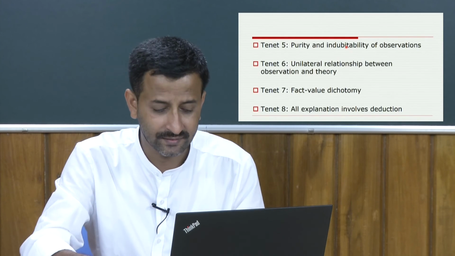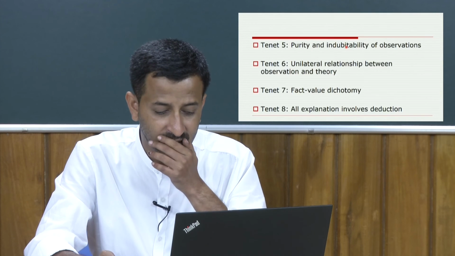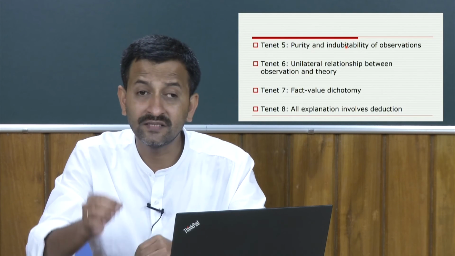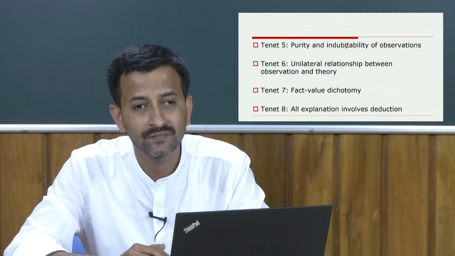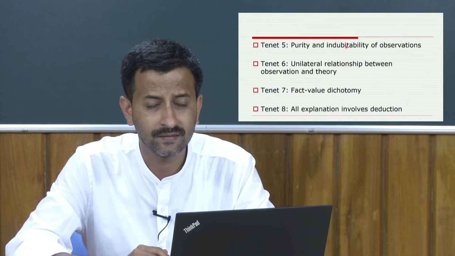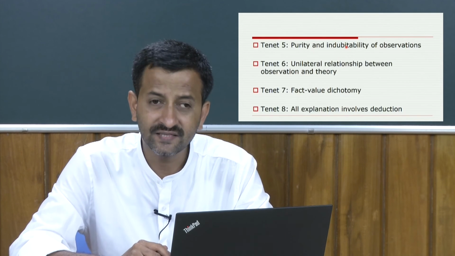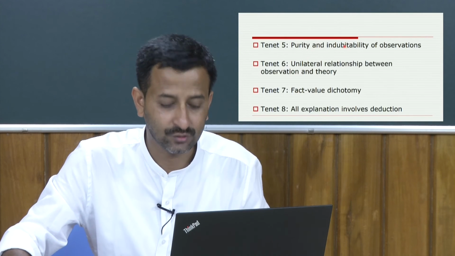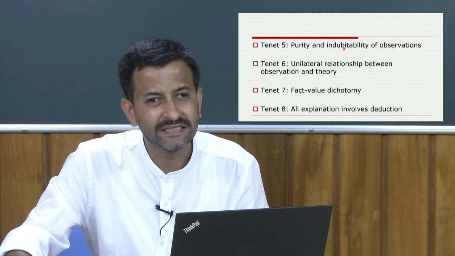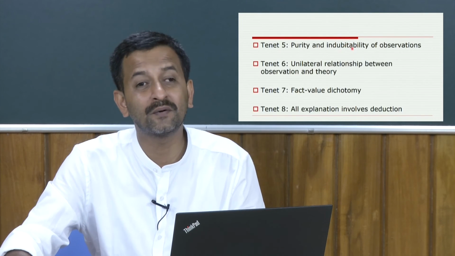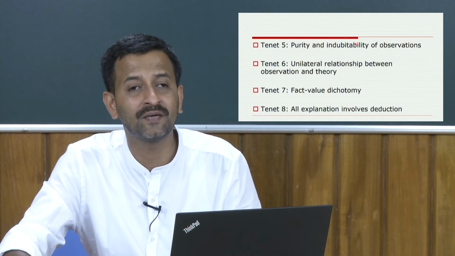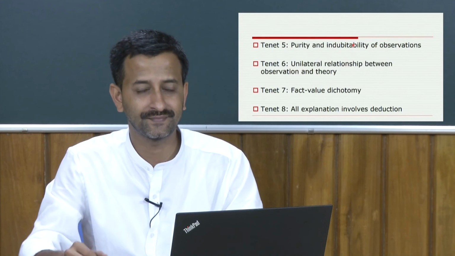If you look at this, then science must be objective. The objectivity of science is guaranteed by the fact that our scientific theories are based upon indubitable observations, because our observations in the positivistic schema cannot be doubted.